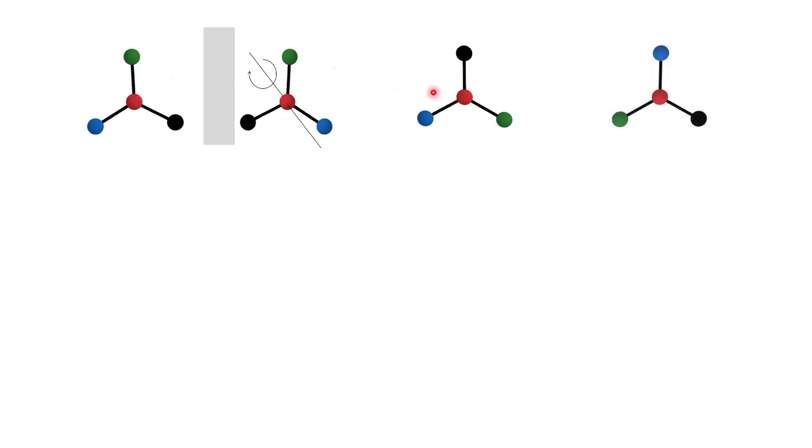Then you can rotate more, and then again the black is here. So the black is here, but the blue sphere is up. So you're rotating it like a fan. So the blue is here and the green is here. And then you can say that this is not getting superimposed with the first one and it could be chiral.